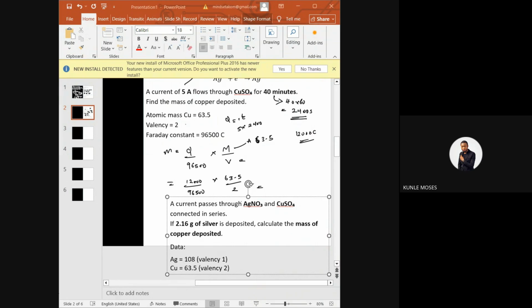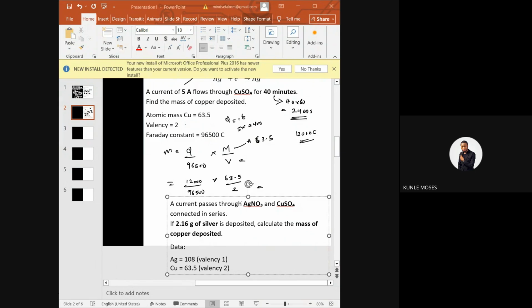What is the mass of copper deposited? Let's be fast.